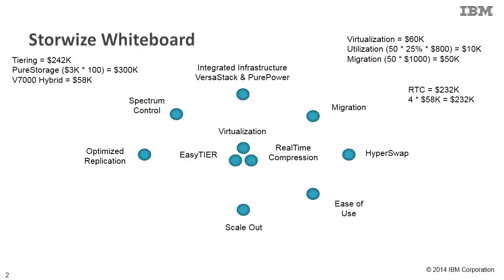He was able to improve that performance without spending a lot of time with his valuable resources, his people, to isolate that problem. So Spectrum Control is a huge advantage for us.